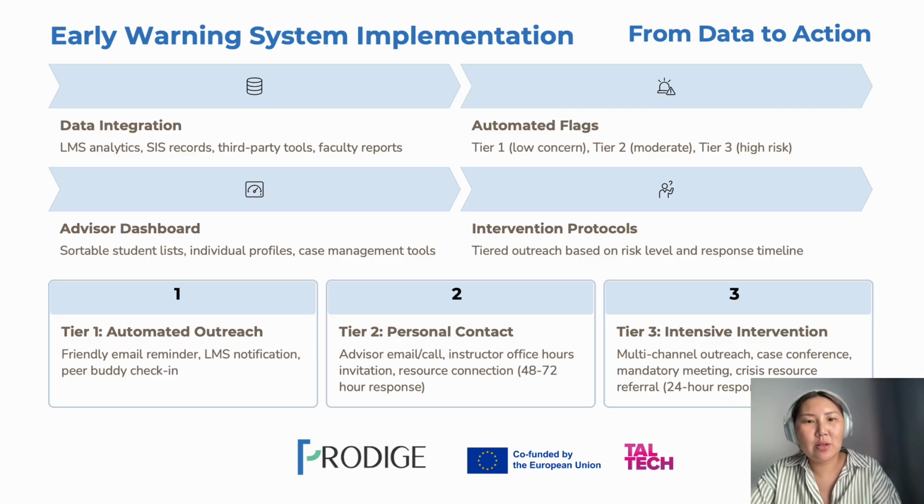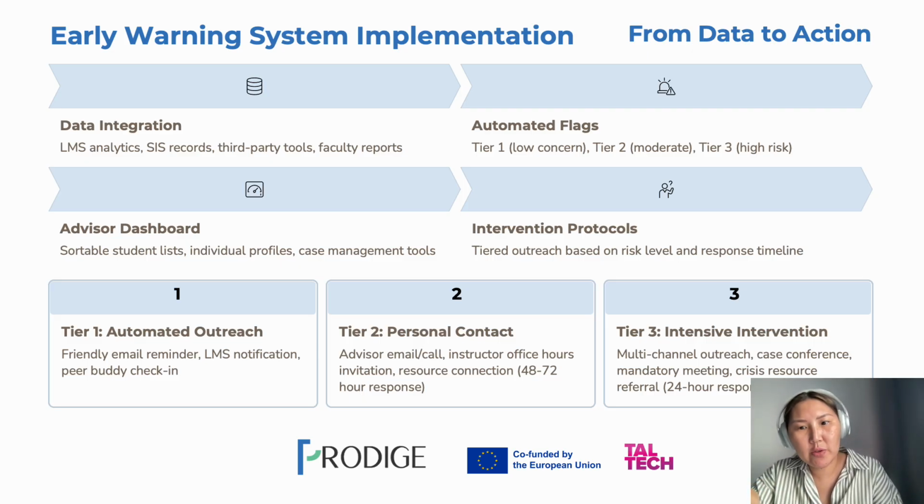So tier 1 is low concern, tier 2 is a moderate concern, and tier 3 can be a high risk. So advisors should have a dashboard where they can sort students by list and also can see a student profile and case management tools so they can track their outreach.